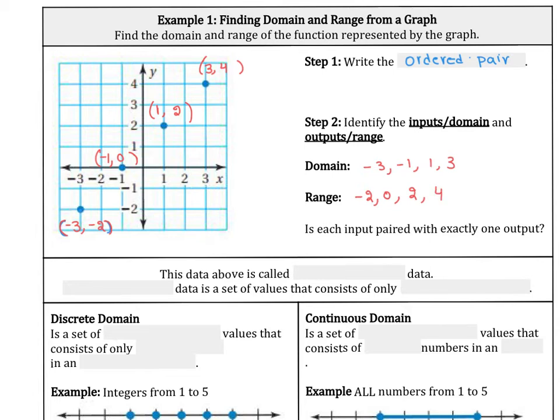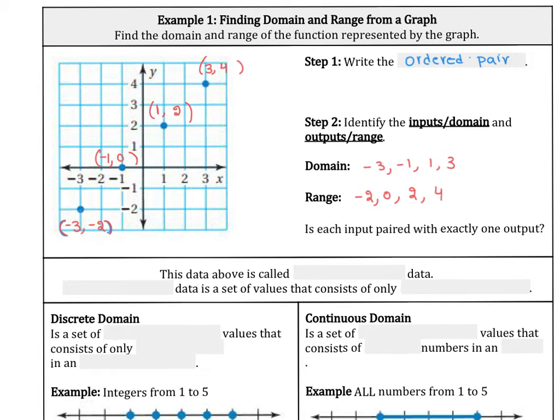To find out if it's a function or not, we have to see whether each input is paired with exactly one output or not. So each input has a different output. Each input has exactly one output.